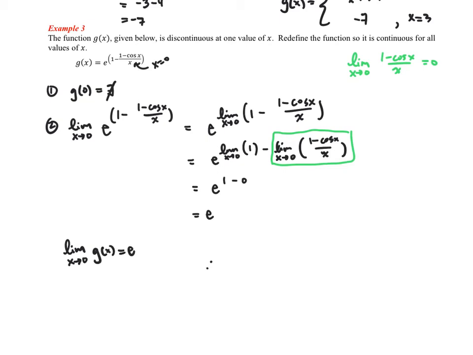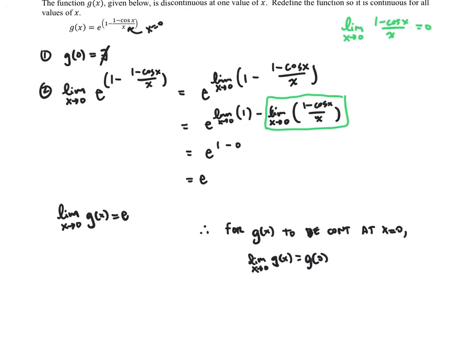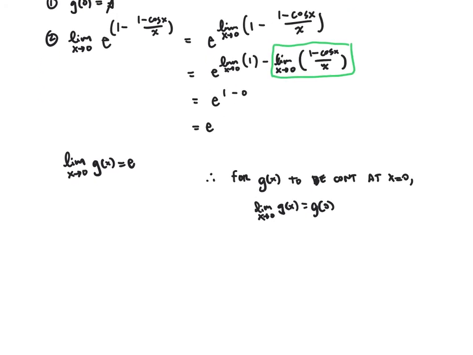Thus, for g to be continuous at x equals 0, we want the limit as x approaches 0 of g of x to equal g of 0. So what we're going to do is redefine g of 0 to equal e.